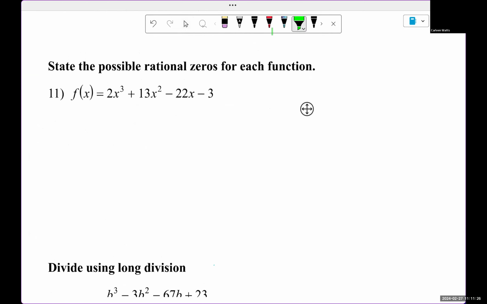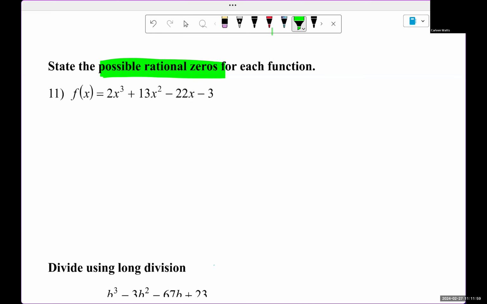Possible rational zeros, what is kind of like the little category of what I'm doing? Possible rational zeros. Possible. Ding, ding, ding, ding. This is the P one. Okay. So in your head, you're like, yeah. Remember what she kept going?